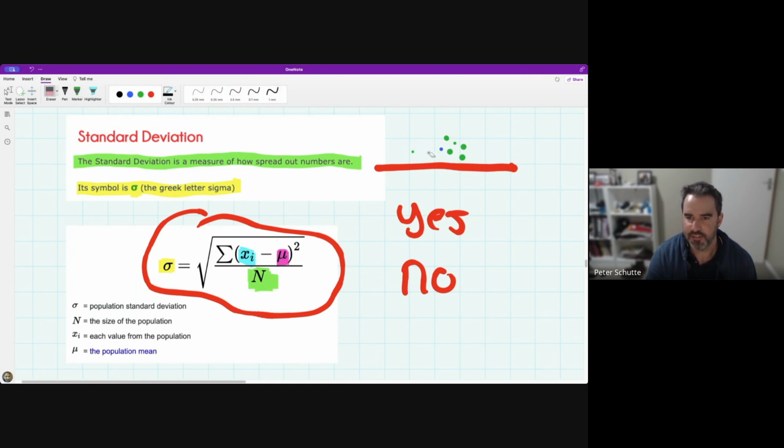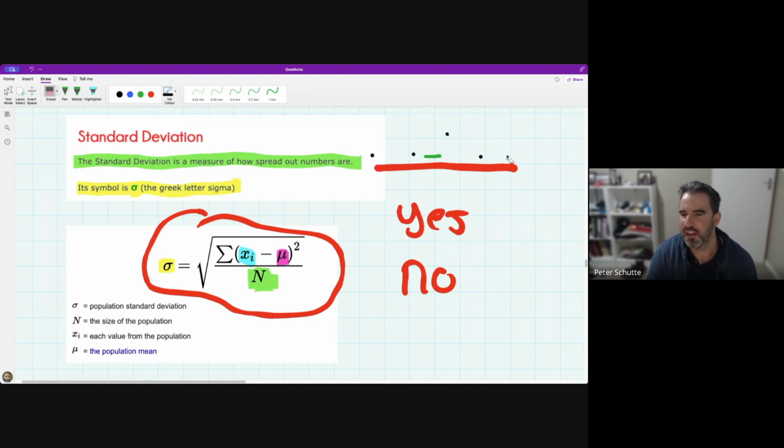But if I have a data set where the blue dot is the mean, but there's some here, and there's some over there, and there's some down here, then we would say that the standard deviation is going to be higher because the distance to the mean, if you look at how far away these things are from the mean, is quite a bit bigger than the previous data set.